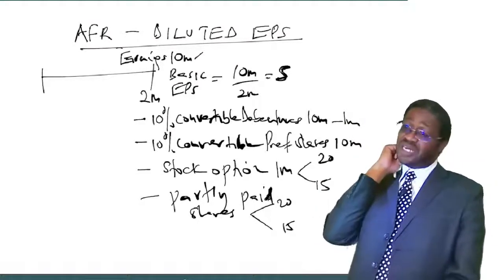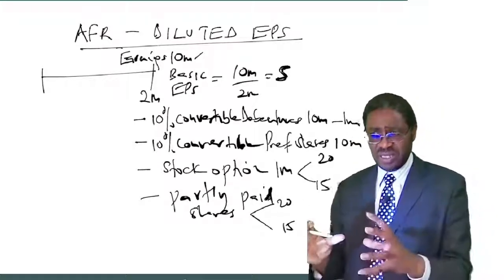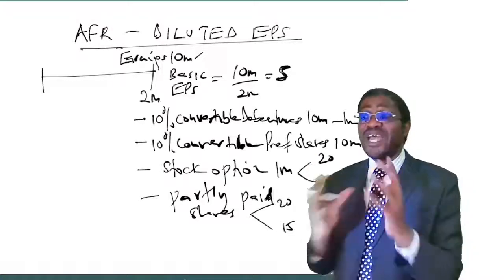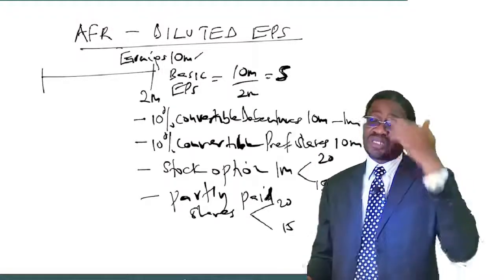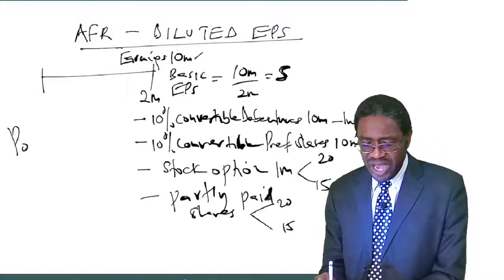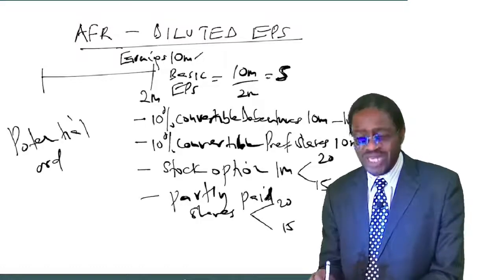Okay, that's another instrument. These factors that will dilute the interest of the existing shareholders, we normally refer to them as potential ordinary shares.